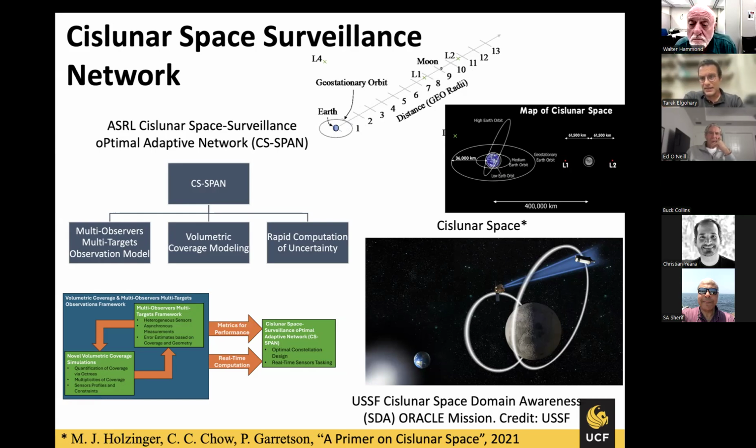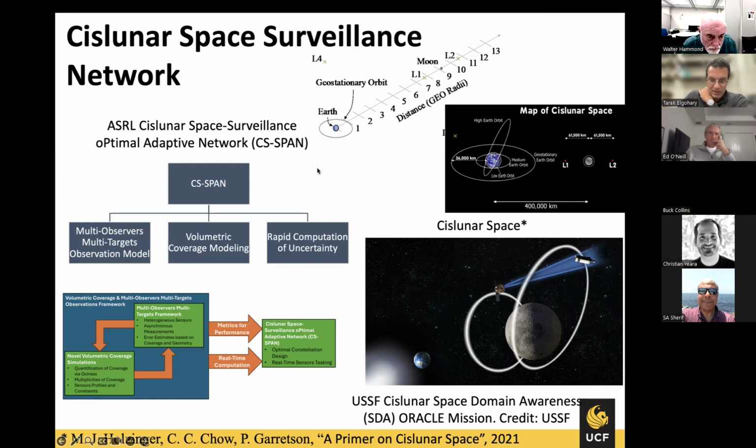And that space is of interest. In terms of kilometers, it is about 36,000 kilometers from the surface of the Earth to the geostationary orbit, and the distance between the Moon's L1 and L2 is about 61,000 kilometers. So in terms of scale and magnitude, cislunar space is quite huge.